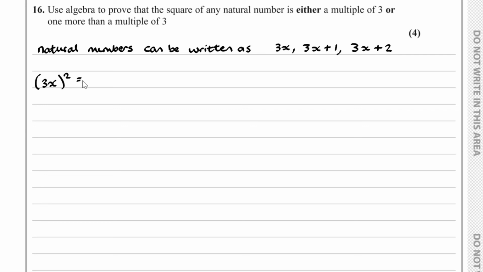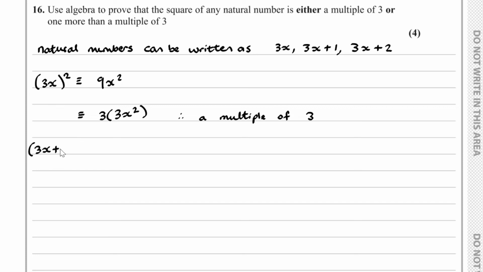3x all squared, and if we work this out we get 9x squared, which is the same as 3 lots of 3x squared. Okay? And what we see over here, 3 lots of 3x squared is a multiple of 3. Let's consider the case of 3x plus 1.